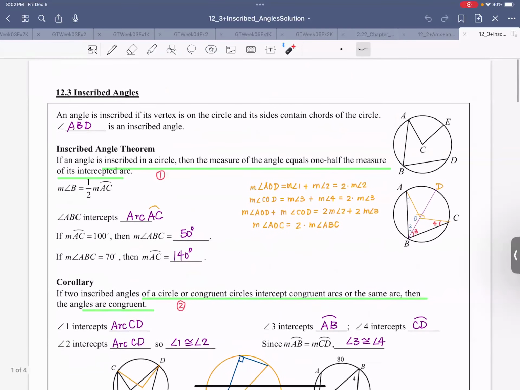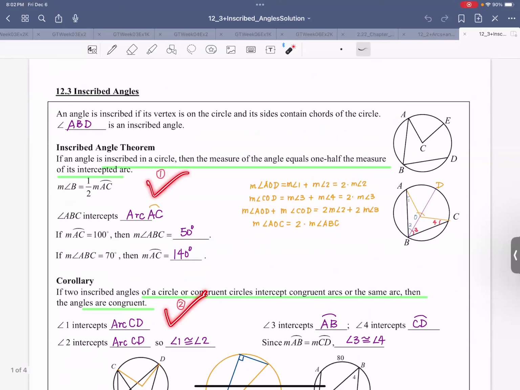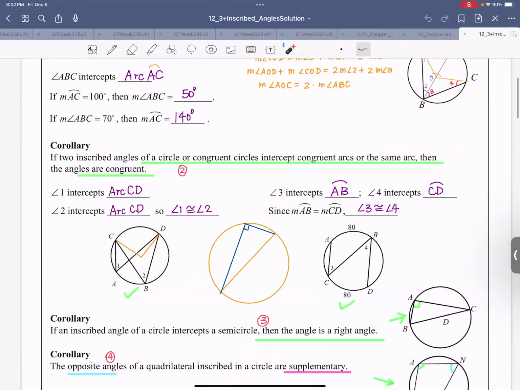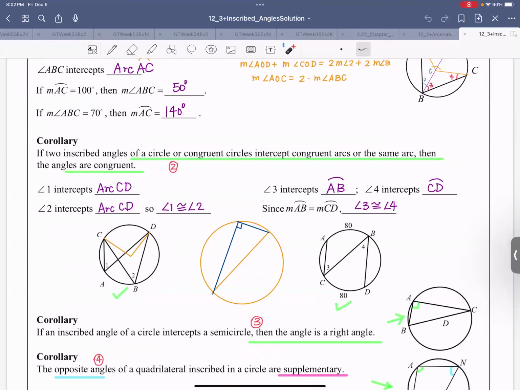This is 1. This is 2. Let's see this one here. Pay attention. A different question comes. Draw a circle and draw one angle like angle 1 and draw angle 2.